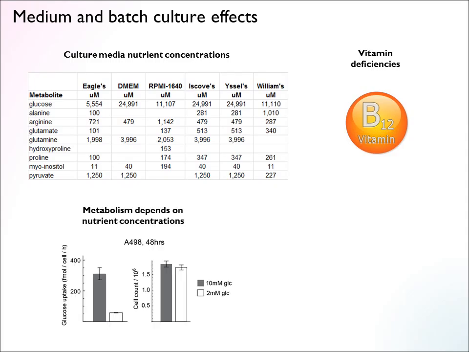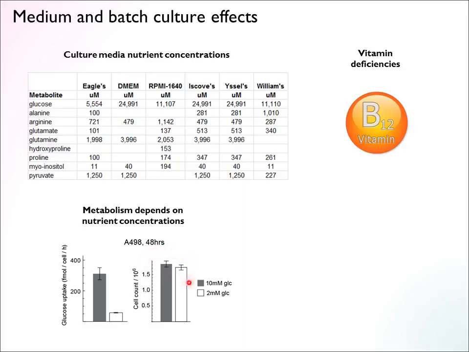If you look at how metabolism is affected by nutrient concentrations, it's quite interesting. So glucose, obviously, with these large differences can cause large differences in metabolism. This is just some unpublished data. We looked at the behavior of some cells in different glucose concentrations. And for example, this cell line A498, you can grow this very well in either 2 millimolar glucose, so below physiological levels, quite low, or 10 millimolar, twice as high as blood glucose.